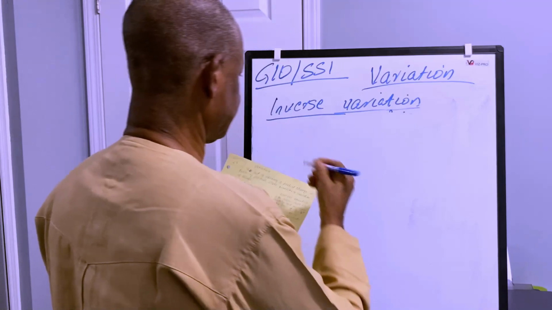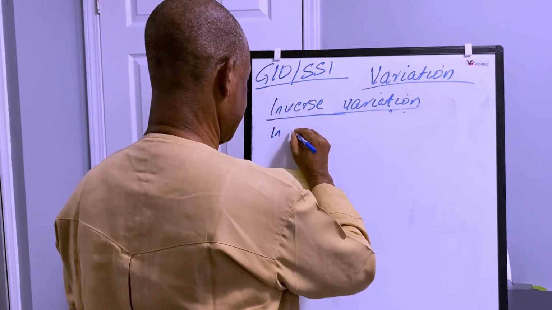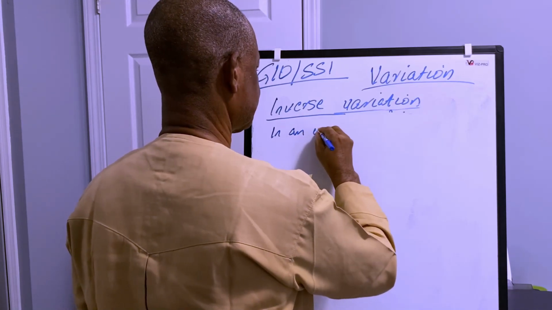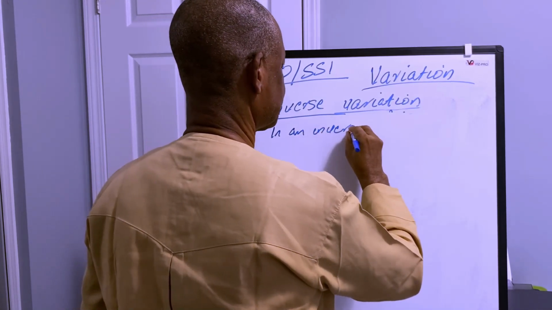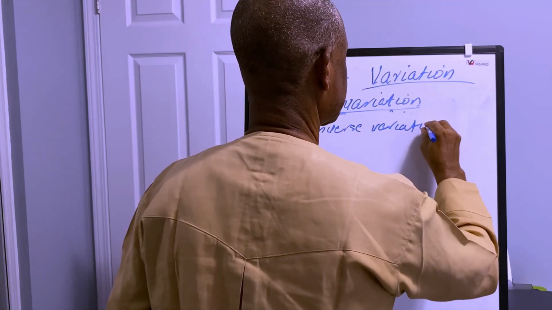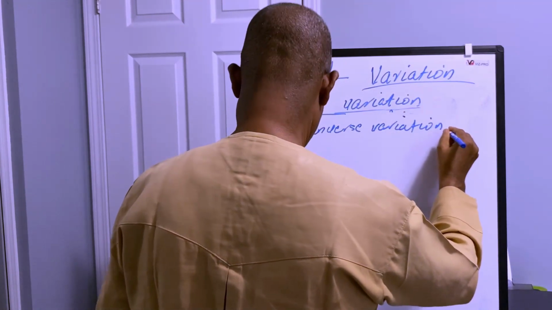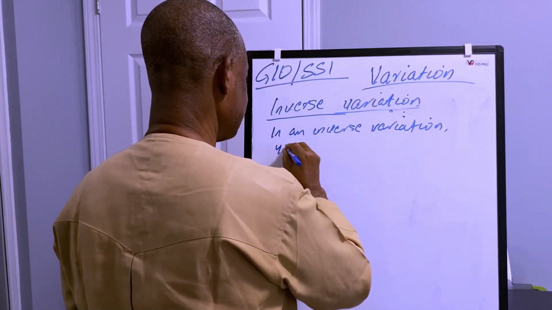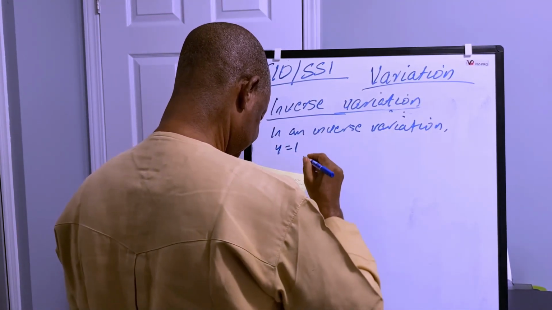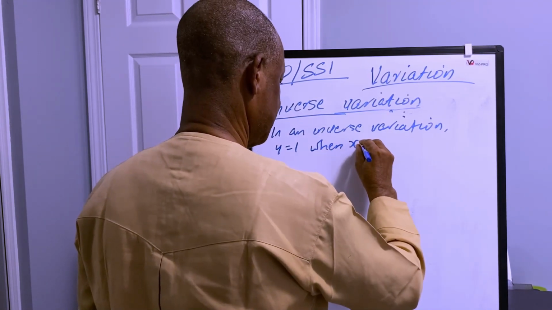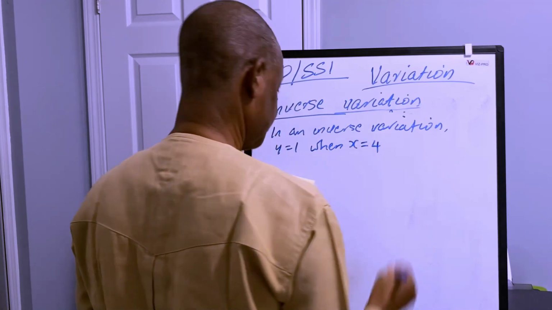Here we are told, in inverse variation, y is equal to 1 when x is equal to 4.